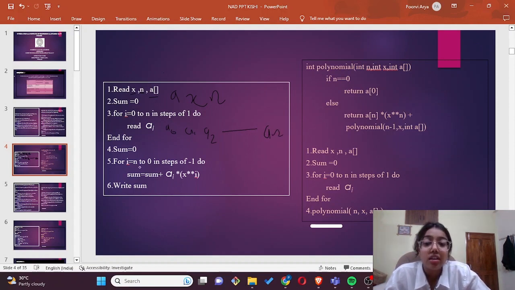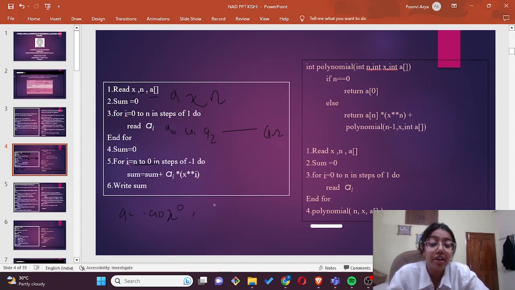Okay, then we initialize another for loop, that is from n to 0 in steps of -1, that says that sum equal to sum plus a of I into x to the power I. Now the loop is from n to 0, that is, first we get the values of ai, that is a0, a1, a2, a3, and then we have to multiply it by x to the power I. That is, if a0 we find, then it is a0 x to the power 0.